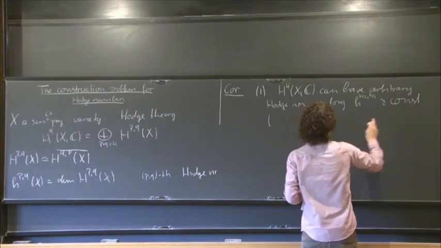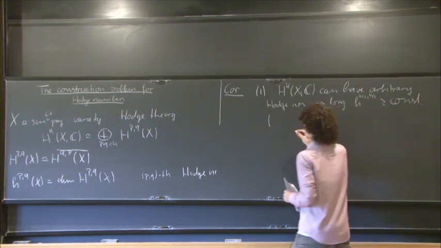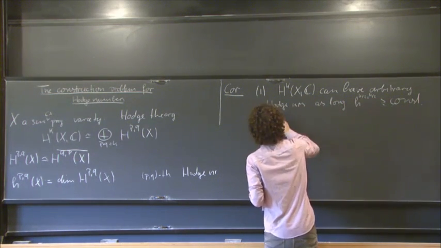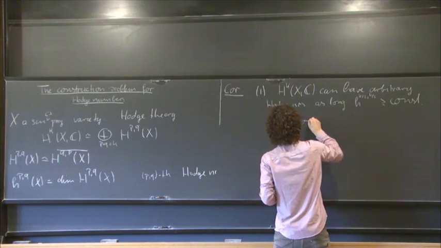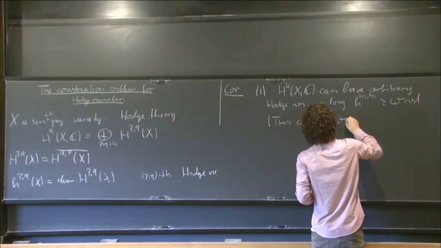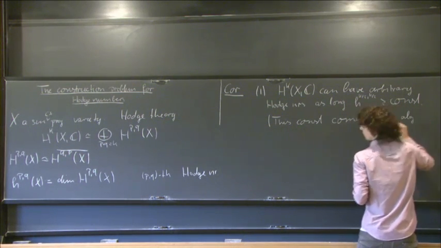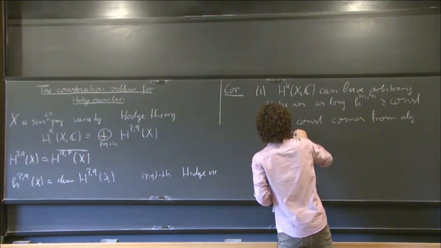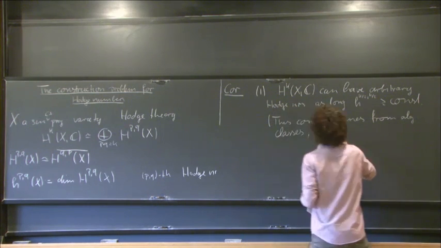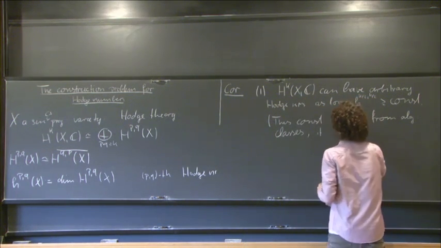And maybe let me make a remark. So this constant comes from algebraic classes. And so it would disappear if we would look at sub-Hodge structures.